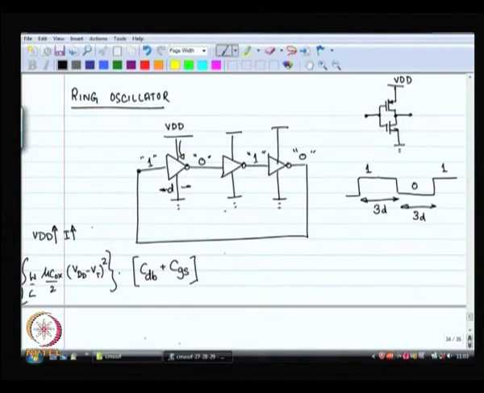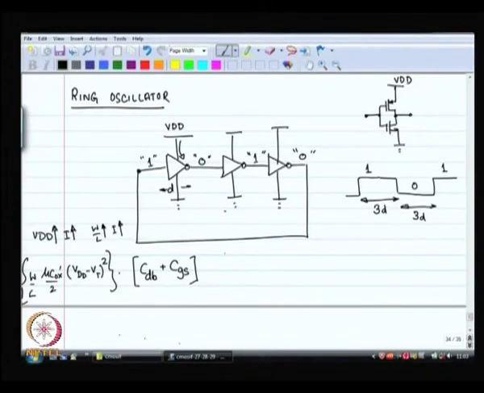Also when W by L increases, I increases. Cox increases, I increases, which basically means that if I make the thickness of the oxide layer smaller, then I will increase. This is per unit area. Mu, the mobility, if I increase the mobility, then also I will increase, etcetera, etcetera.